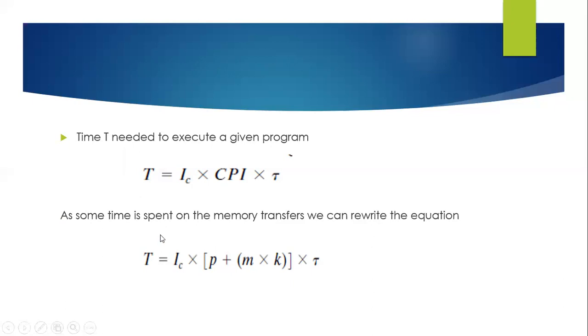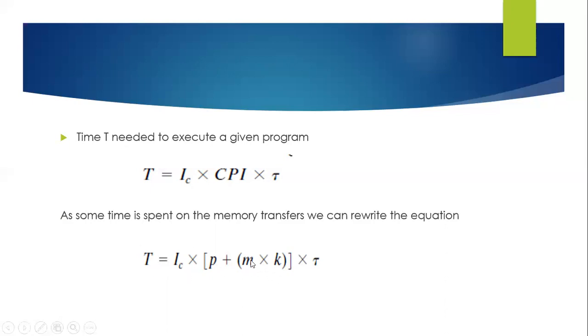When you are performing an arithmetic instruction, you need to fetch the data from your secondary memory or sometimes primary memory. That's going to take some time. That's why this CPI will be replaced by this formula, (p + m times k) times the cycle time.